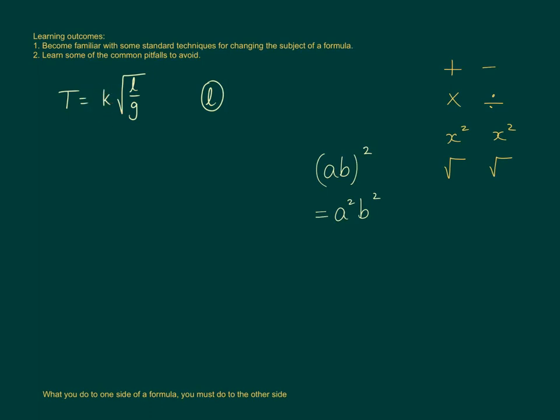You've got K multiplied by the square root of L over G. So if you square the right hand side, you can square each of these individually. But of course you must also square the left hand side. So on the left you get T squared. On the right hand side, because the terms are multiplied, you can square each term separately. K squared, and if you square the square root of L over G, you simply get L over G.